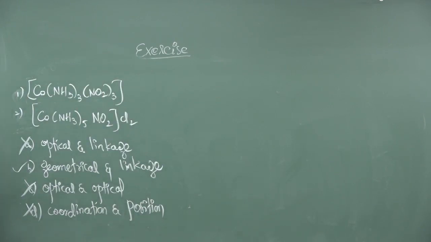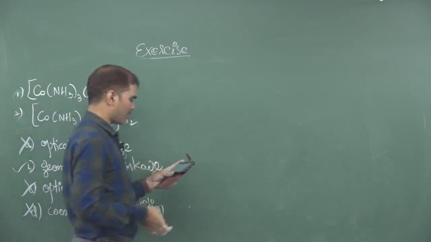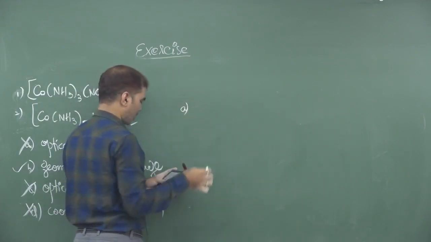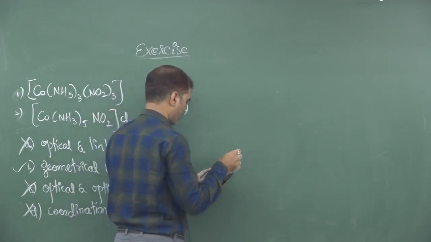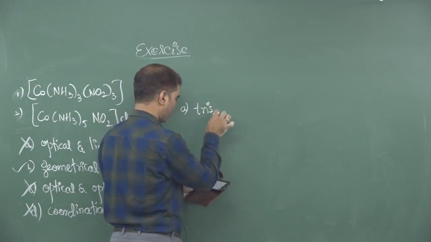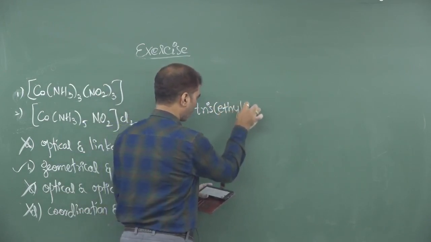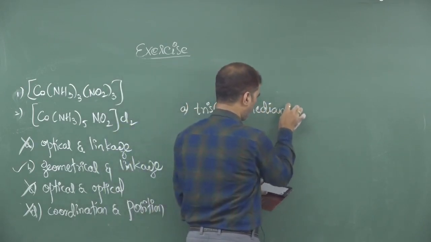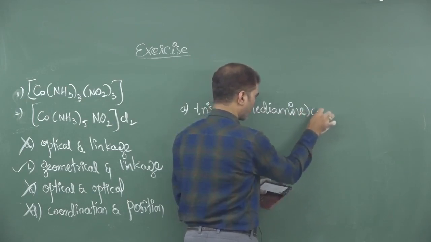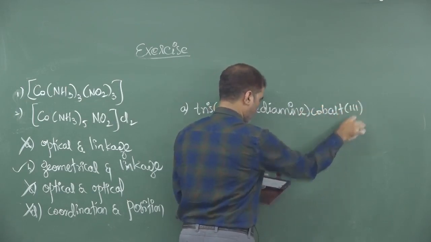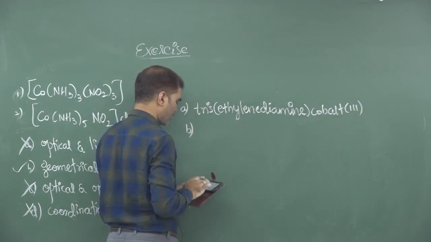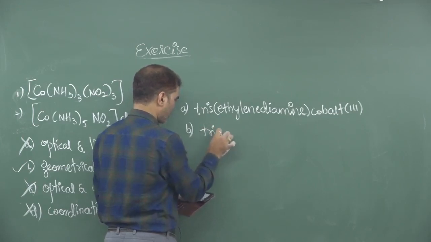This is easier only. The octahedral complex ion which shows both facial and meridional isomers is, so which of these will show both facial as well as meridional?